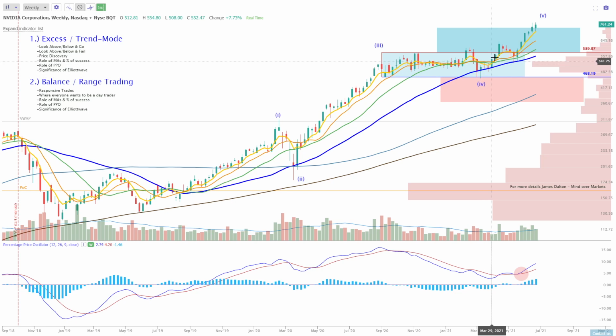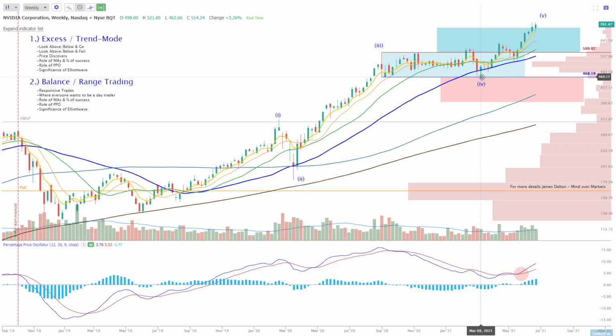It's also, in my opinion, what we call an ABC flat. This is an Elliott wave correction that ended March 8th, and that is when the new impulse wave began, or when price discovery or excess began.